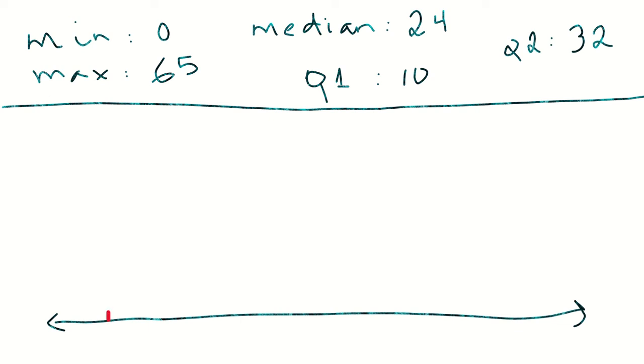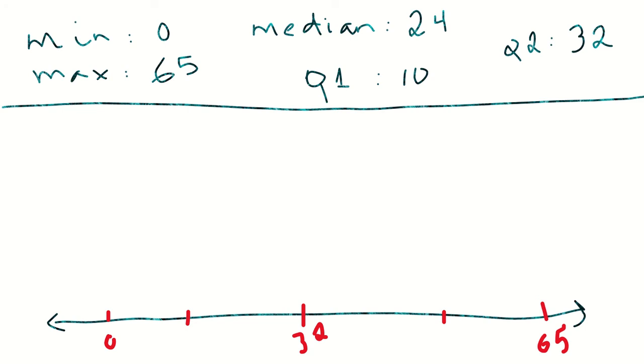Okay, we need to go from 0 all the way up to 65. Okay, kind of in the middle would be what, like 32, I guess. And honestly, we don't really need to number every single thing. Just maybe you can do the minimum, the maximum, and the median.